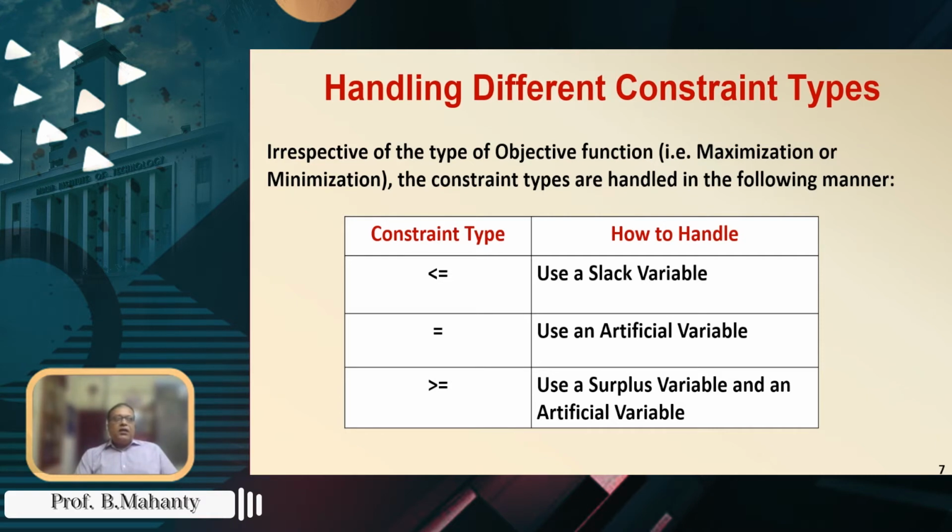So we have to start the simplex first table with a negative value, which is not allowed in the normal simplex procedure. All right. So we cannot simply multiply by -1, because in that case the value will be negative. So we have no other choice but to also add an artificial variable there. Fine. So this is how you have to handle different constraint types.